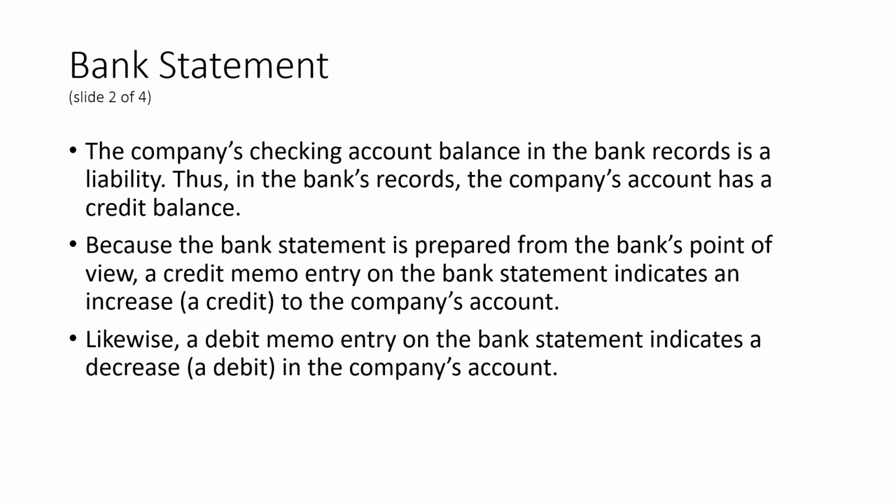So if you look at it from the opposite way, a debit from the bank's perspective would be a decrease in the account. So when you look at the bank statement, anything that has credit beside it will be an increase in the bank account. And anytime you see a debit entry on the bank statement, that will be a decrease.